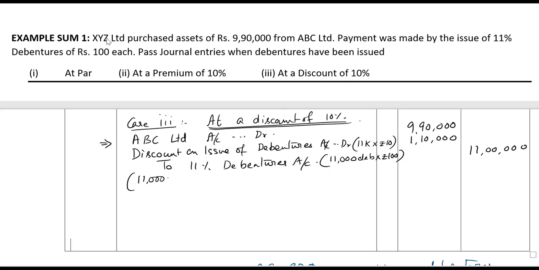Narration: 11,000 11% debentures of rupees 100 each issued at 10% discount for consideration other than cash.